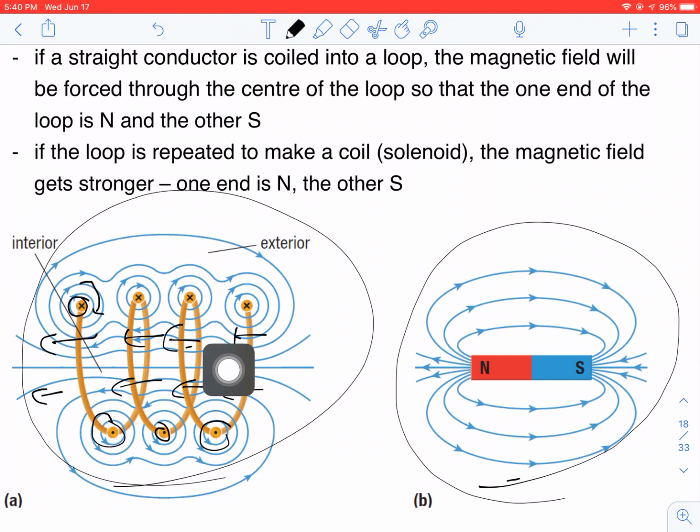I can make this one stronger by making the electrons, or the conventional current, move faster. I can make this stronger by adding more coils, right? There's a lot of things I can do, so now I have options. I can make it variable so that I can make it meet my needs, whatever my needs are.